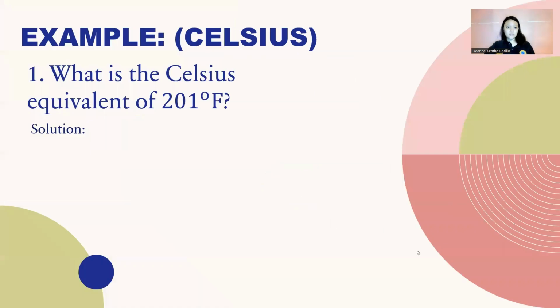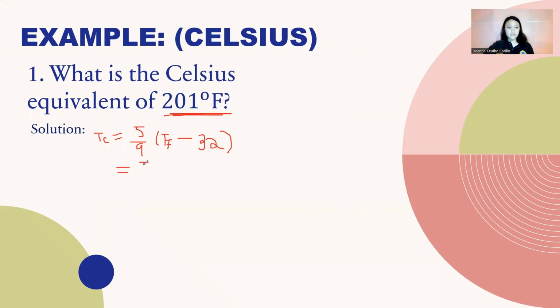Example of Celsius. What is the Celsius equivalent of 201 degree Fahrenheit? So, Fahrenheit pa lang, malalaman natin na ang answer natin ay Celsius. So let's write the formula first.